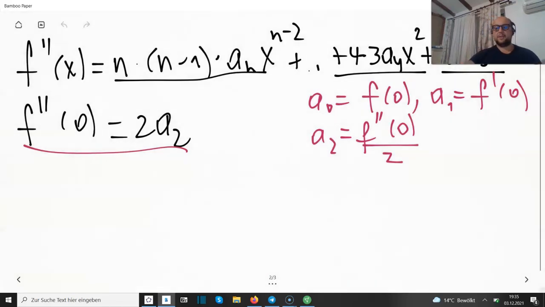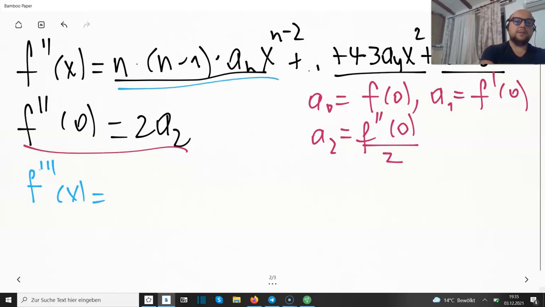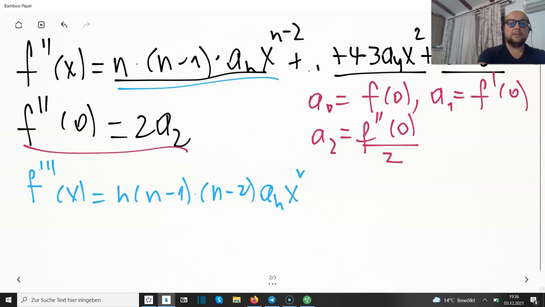So now we have a2, the formula here, and if we keep on going and take the third derivative of x, we start with n times n minus 1 times n minus 2, and maybe you see the pattern already. We have an still times x to the power of n minus 3, and so on.